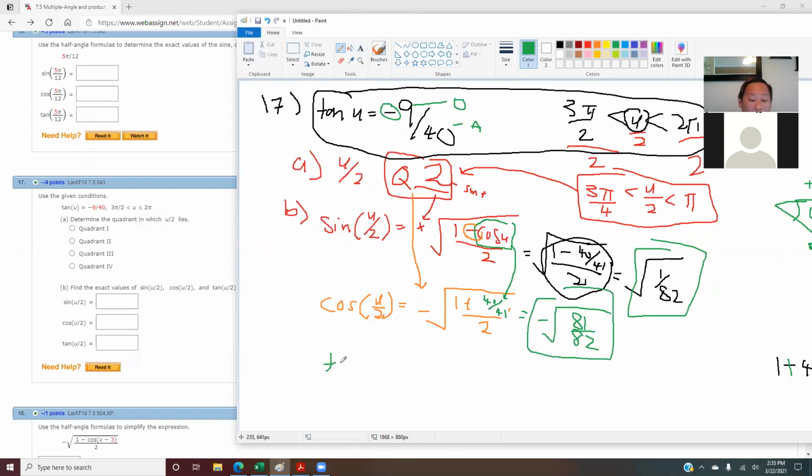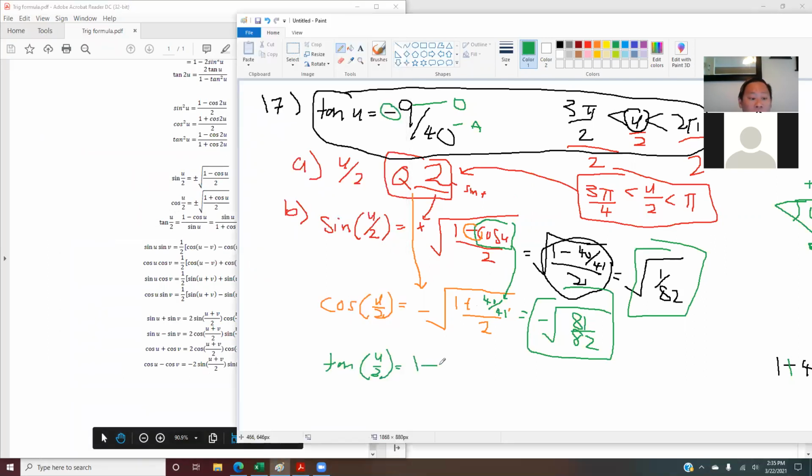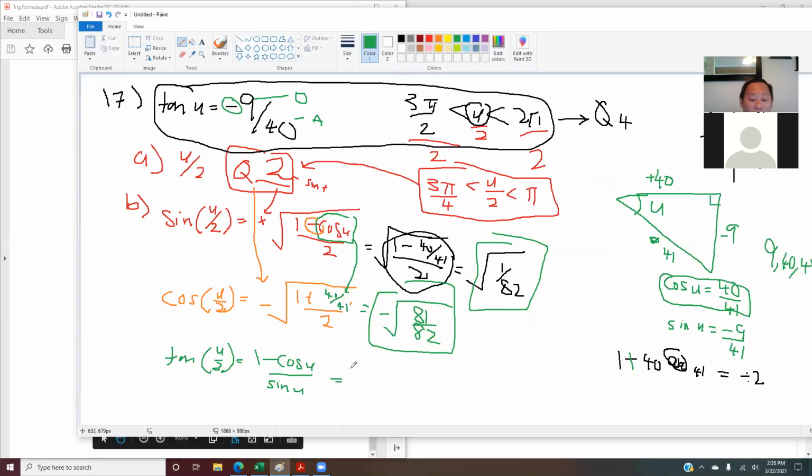And then for the third one, in order to do tangent u over 2, you have quite a few formulas here, but I'm going to use the first one, 1 minus cosine u over sine u. Cosine u, by looking at this, is 40 over 41, divided by sine u, which is negative 9 over 41.